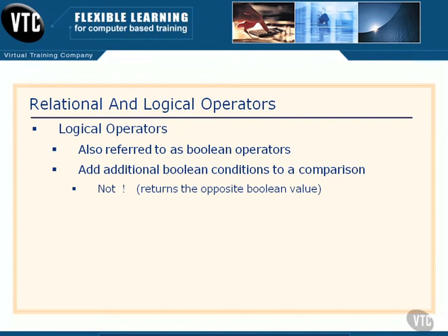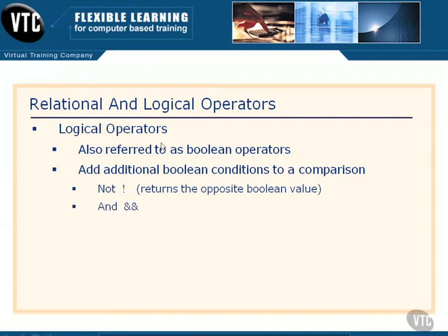Now, the not sign returns the opposite Boolean value. So in the example right here, if I have exclamation true, then that means not true, which is the same in English as false. If I have exclamation false, it means not false, which again means true. So it basically flips the value, if you will.